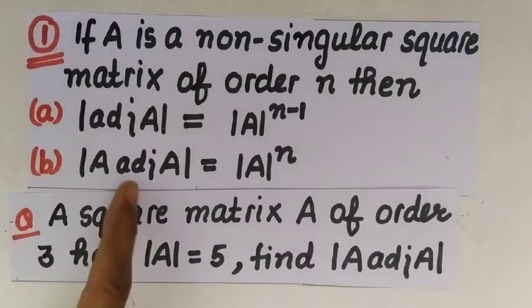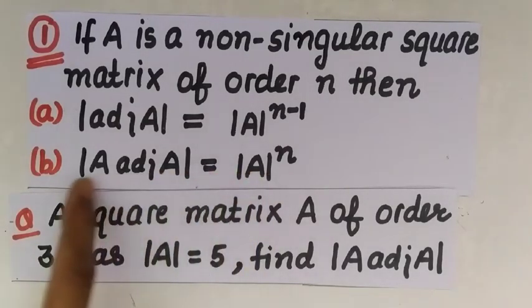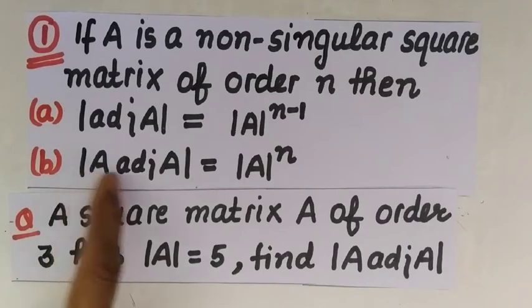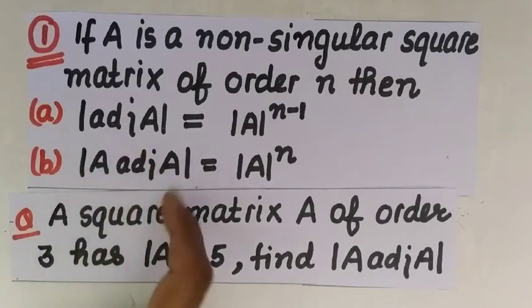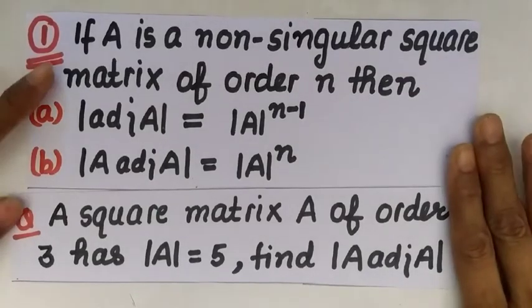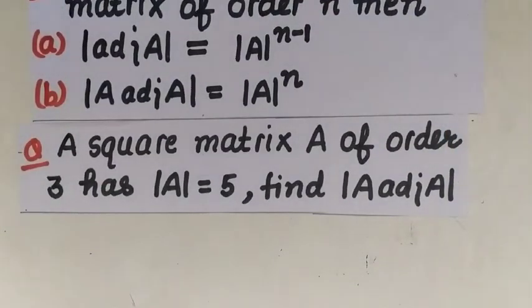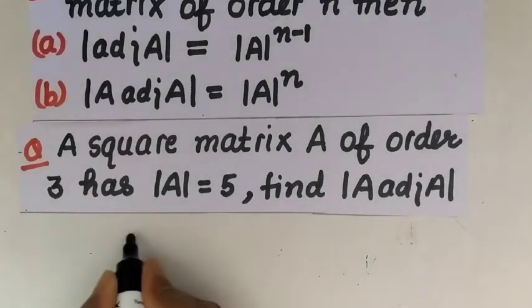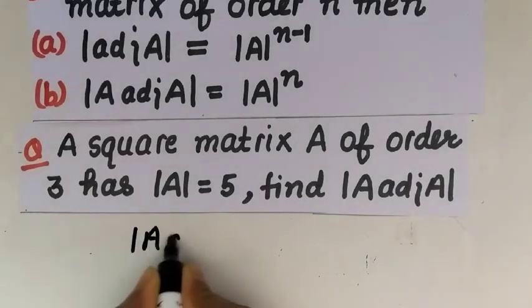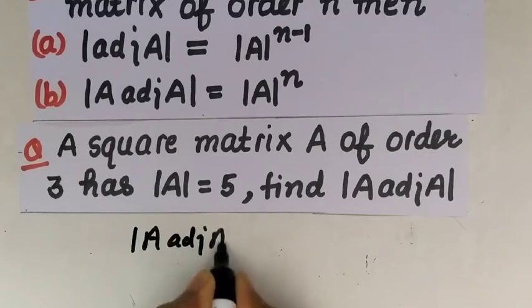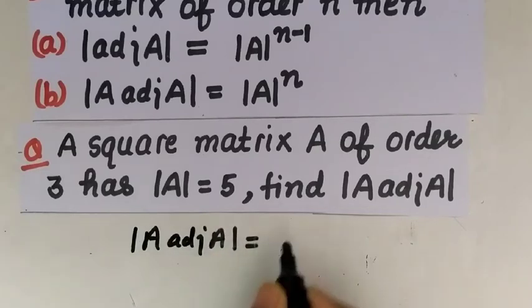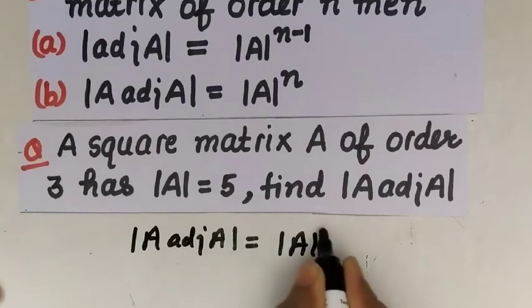We will apply its second result, that is, determinant of A into adjoint of A is equal to determinant of A whole raised to power n. So by using this result, let us see how we can solve this question. So A into adjoint of A whole determinant is equal to, according to the second result, determinant of A whole raised to power n.